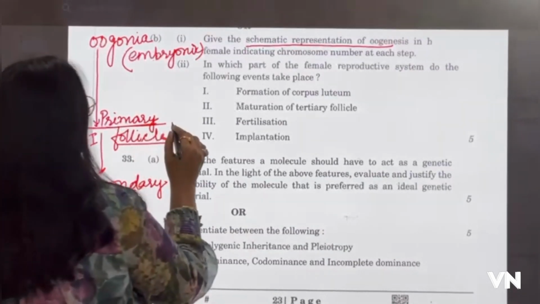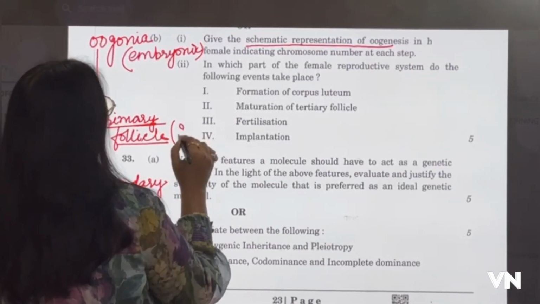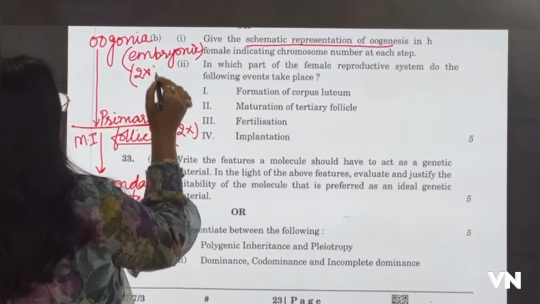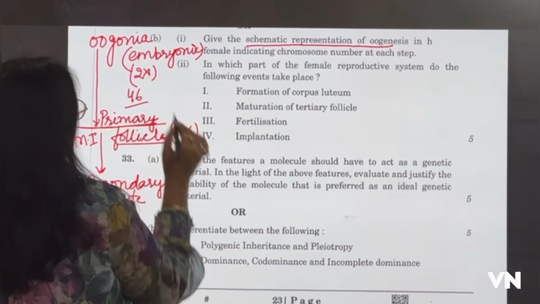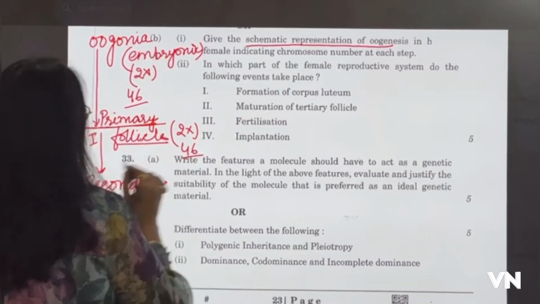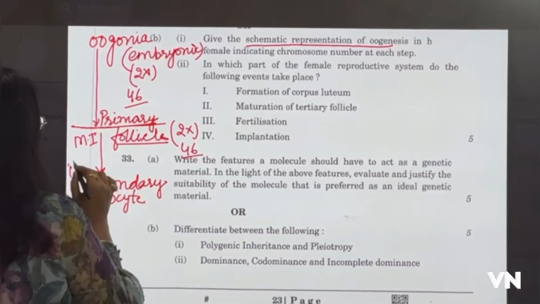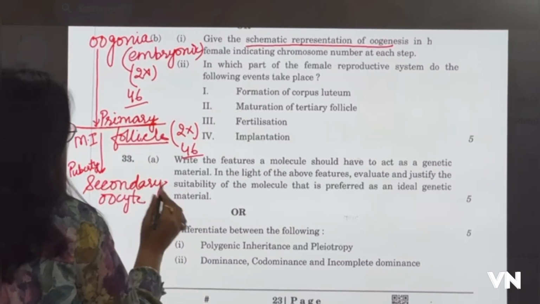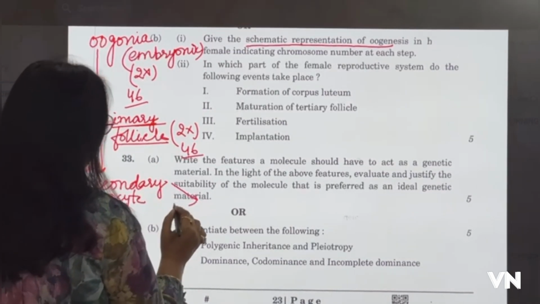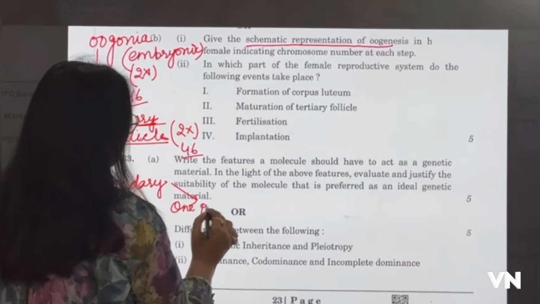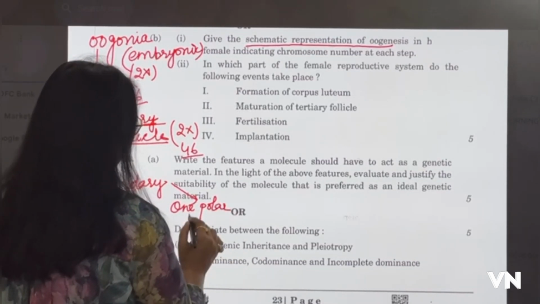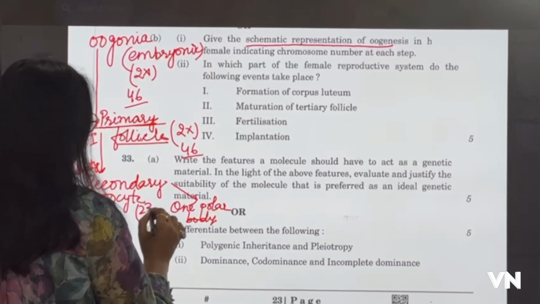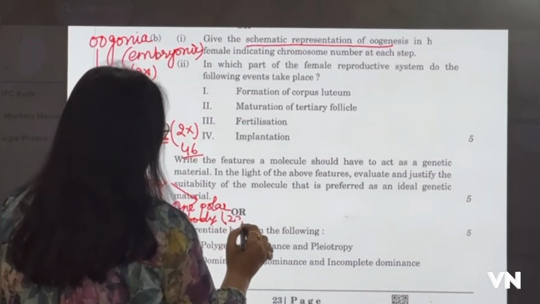So primary follicle 2x, oogonia 2x, chromosome number 46, 46, and at the time of puberty, what happens? Secondary oocyte and one polar body is formed. How many chromosomes? 23, 23.